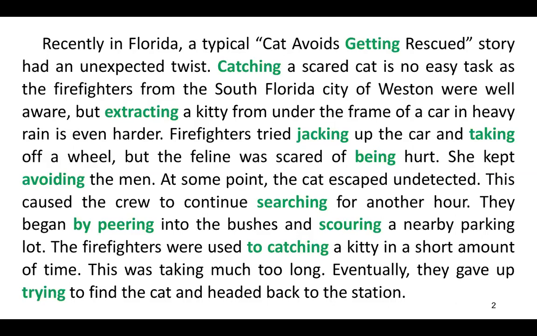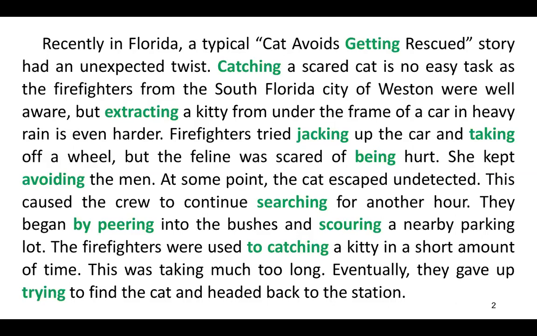Firefighters tried jacking up the car and taking off a wheel, but the feline was scared of being hurt. She kept avoiding the man. At some point, the cat escaped undetected. This caused the crew to continue searching for another hour.